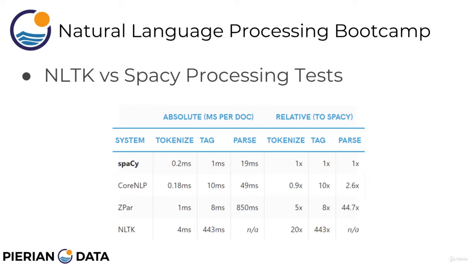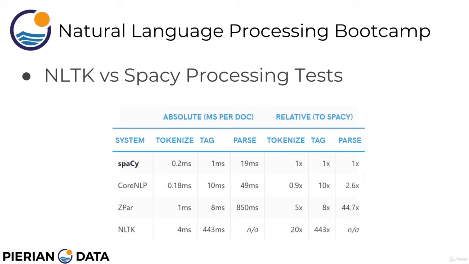Now there is some processing data as far as efficiency of NLTK versus Spacy, and here we can see a table comparing Spacy to a bunch of other libraries, including NLTK there at the bottom, and we have the absolute millisecond per document on the same hardware being run, and we also have relative to Spacy, which is probably the more important part.